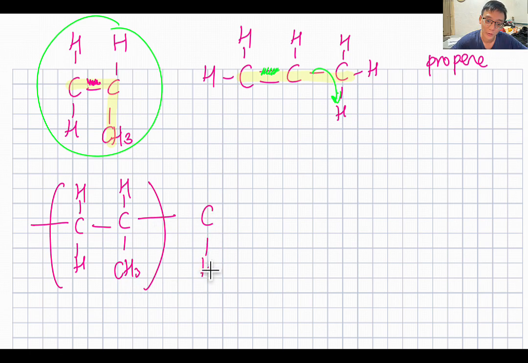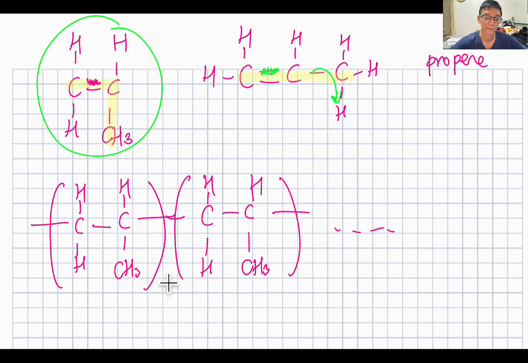Then if you want to continue drawing another repeat unit, you can also draw something like this. This is 2 repeat units and so on. So technically, regardless of the orientation, regardless of whatever is bound to the carbon, just destroy the double bond, open up and give each carbon their own arms. It will be much easier for you.